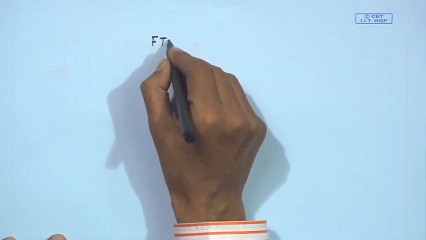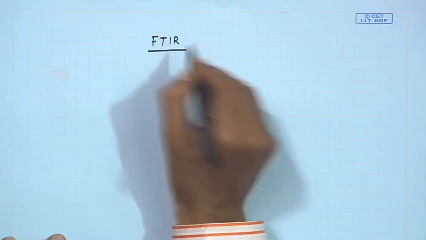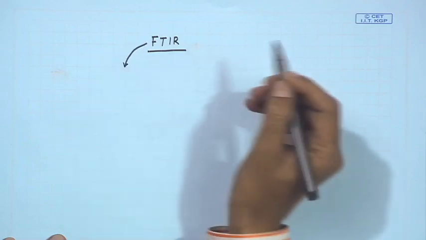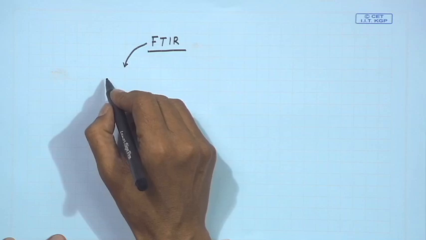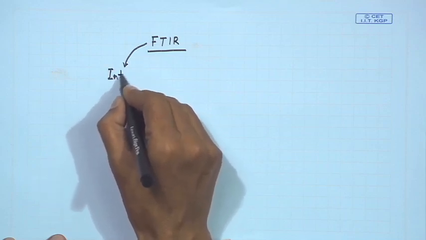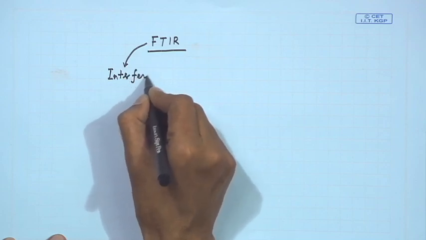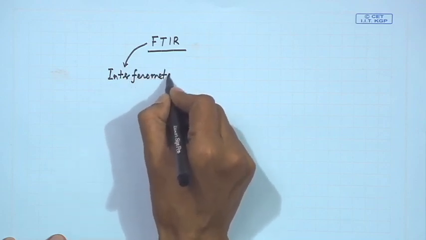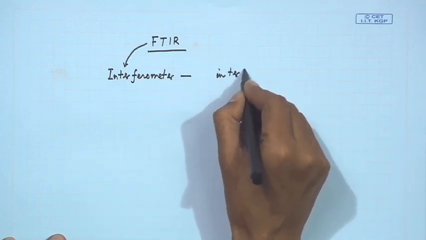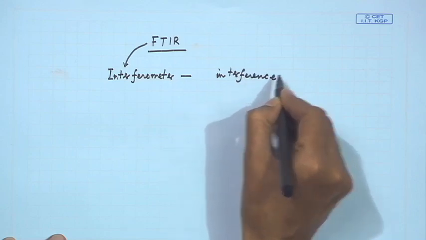Hello, and welcome back to this class of analytical chemistry, where we are talking about your FTIR spectrometer. One of the basic and most important parts of this instrument, which we saw in our previous class, is the interferometer, which is needed to get the interference pattern.